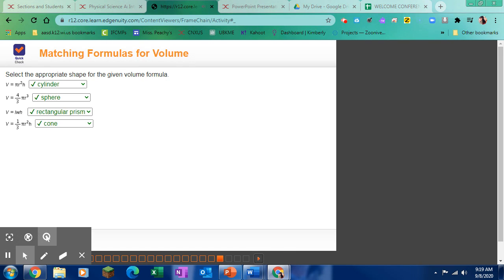A cylinder's volume is calculated by pi times radius squared times height. A sphere's volume is calculated by 4/3 times pi times radius cubed. And a cone's volume is calculated by 1/3 times pi times radius squared times height.